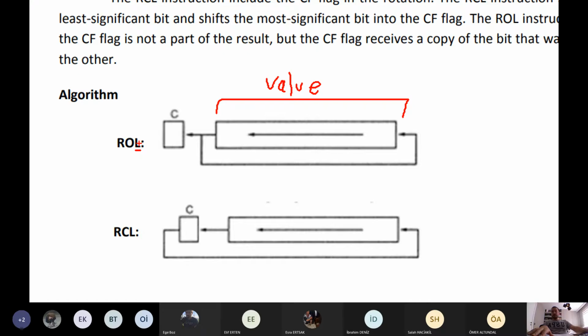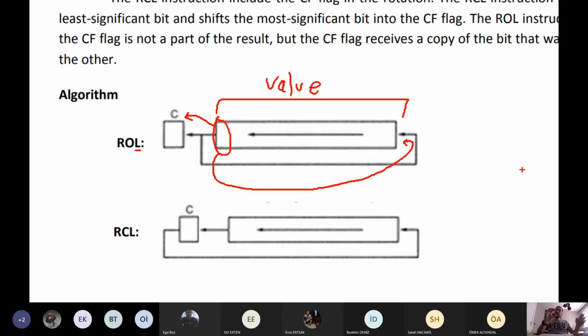If we use rotate left command, the value will rotate within itself, but also the most significant bit will be put into carry, but also will be put into the least significant bit.